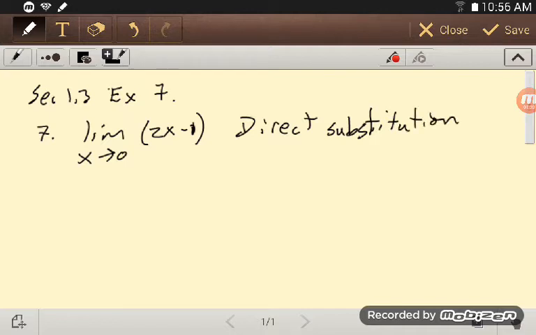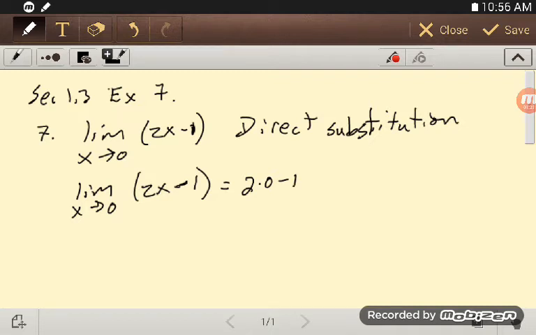Then you can go ahead and do that, and so I have this limit as x goes to 0 of 2x minus 1 is equal to 2 times 0 minus 1, which is equal to negative 1. And so I'm fine with the direct substitution, okay? Because if you can do it, then I would say just go ahead and do it.